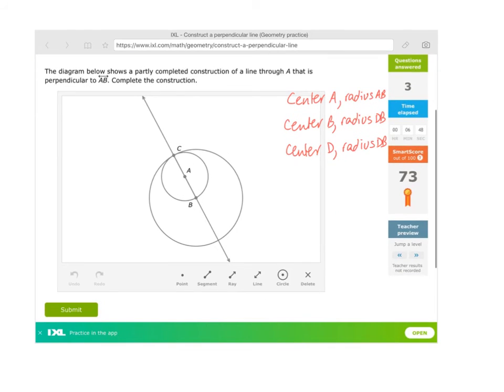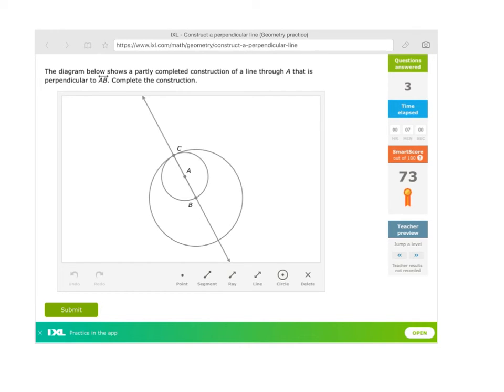Okay. So, what all do we have over here? So we are looking for the diagram below shows a partly completed construction of a line through A that is perpendicular to AB, right? So we are looking for, let's remove, this was from the previous question. So this is what we are looking for. So we've got a line like this, CB, and we have a point A. We are looking for this line.